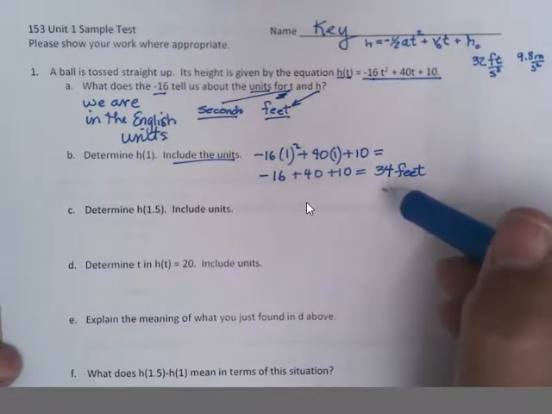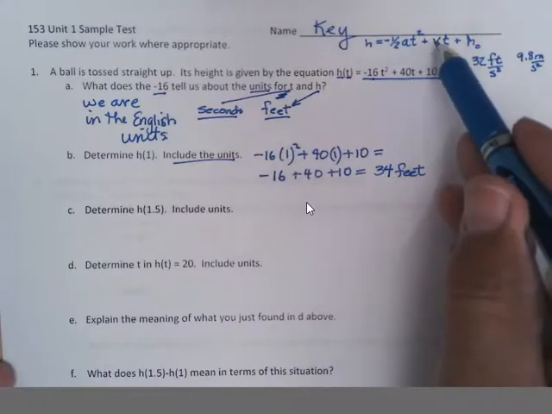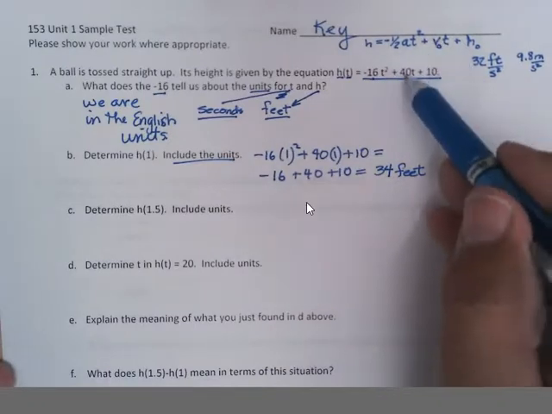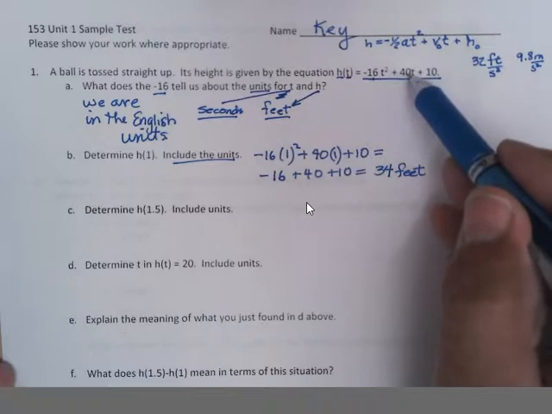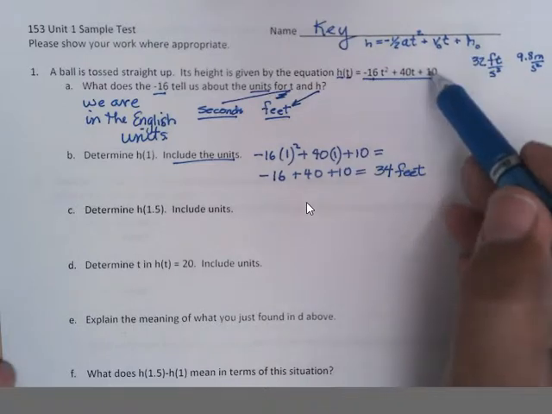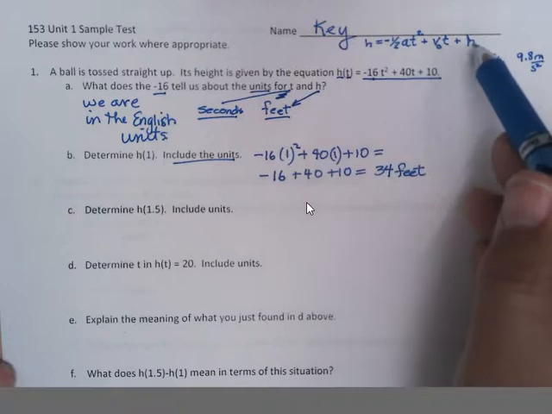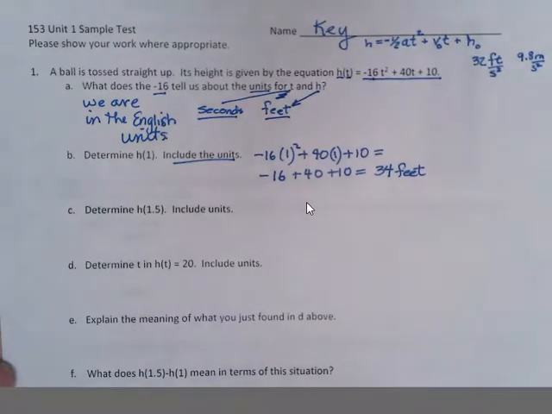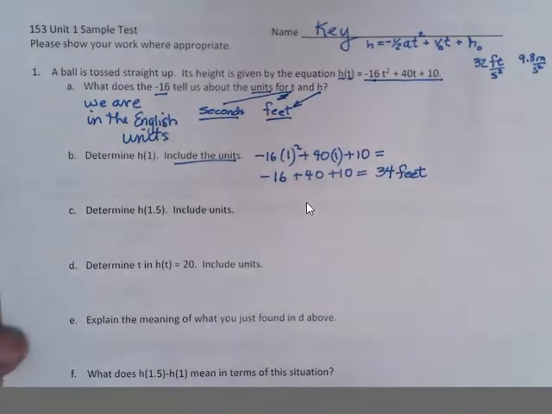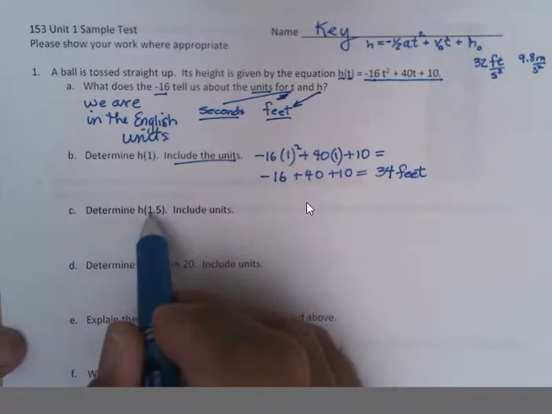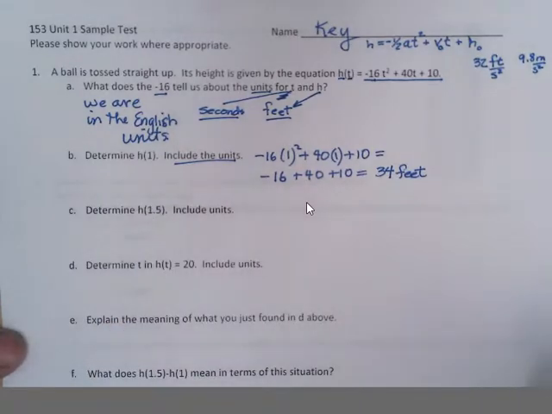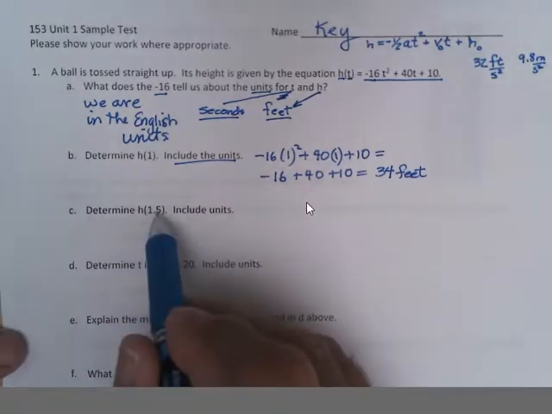Now, just a side note here, I could have asked you what was the initial speed, and you should have told me it's going 40 feet per second. Or I could have asked you how high was it, and you could say it was 10 feet to start. Well, here I asked how high was it after 1.5 seconds.